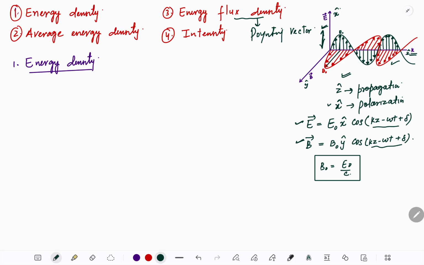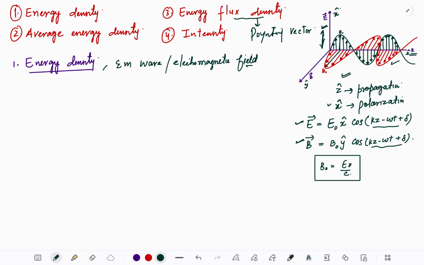When this electromagnetic wave propagates in space, we call this an electromagnetic field. When I say EM wave, what I mean is electromagnetic field, because finally an electromagnetic wave is composed of the electric field and the magnetic field. When it propagates through space, both the electric field and the magnetic field propagate, and obviously they must carry some energy.